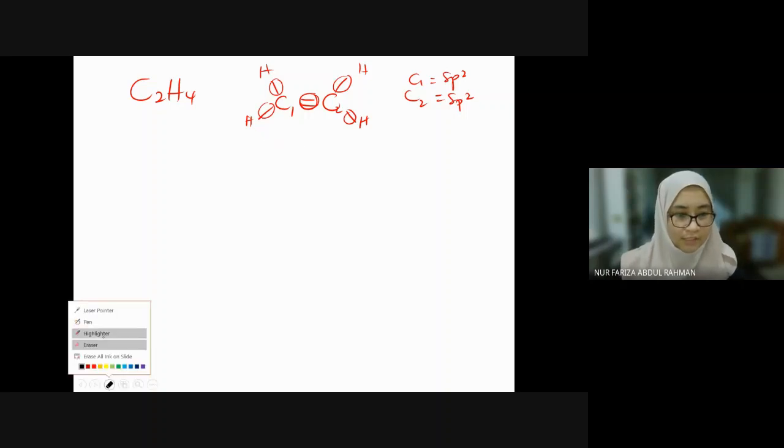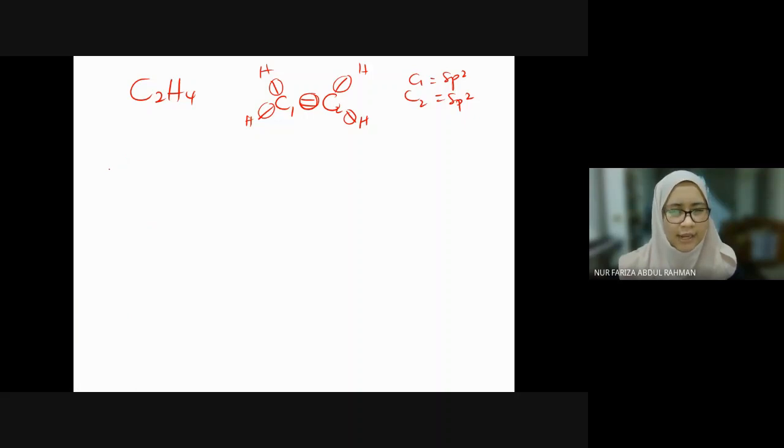Okay, so now let's prepare the orbital diagram. Okay, orbital diagram, carbon, the ground state for carbon. For C1 lah. Okay, for C1, okay, so sp.